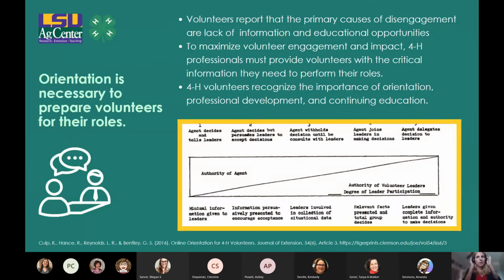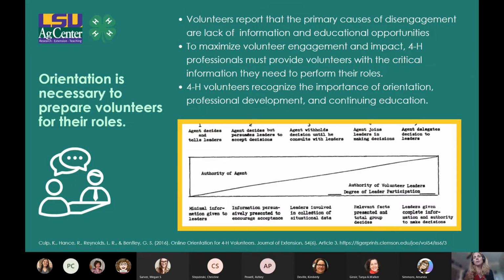We know that orientation is necessary for preparing volunteers for their roles. If you joined us during the virtual conference just last year, we talked about how the foundational literature in ISOCHR had a wonderful image showing that as you increase the authority of your volunteer leaders and provide them with essential critical information, you actually get more participation out of the leader. So orientation is another way to provide volunteers with the information they need to be successful.